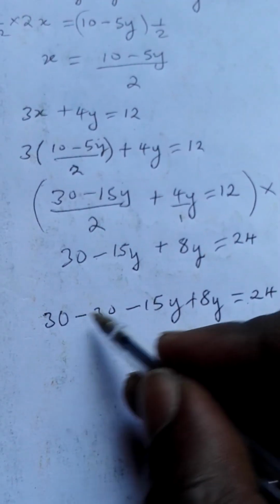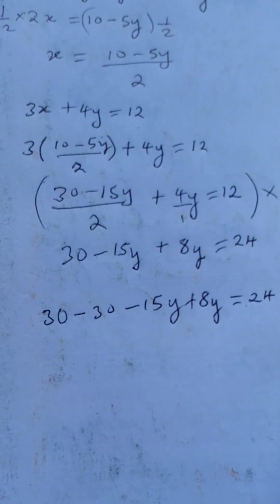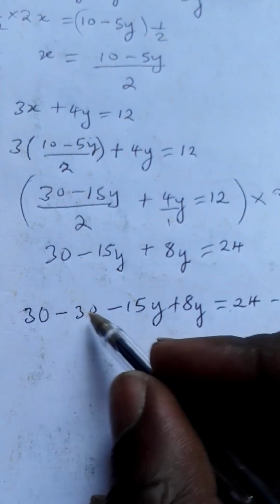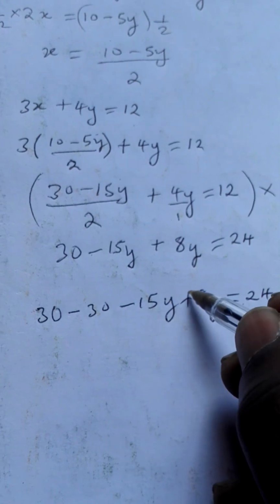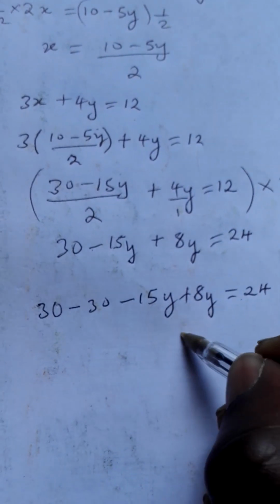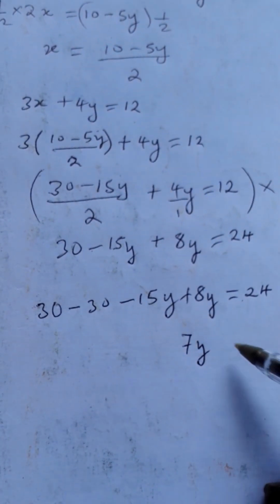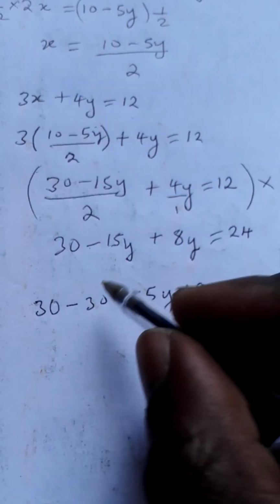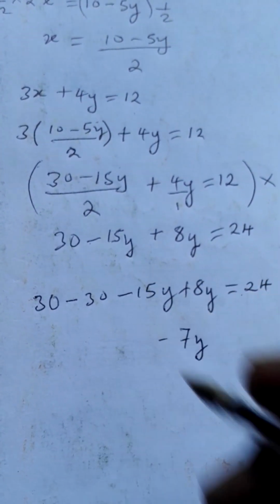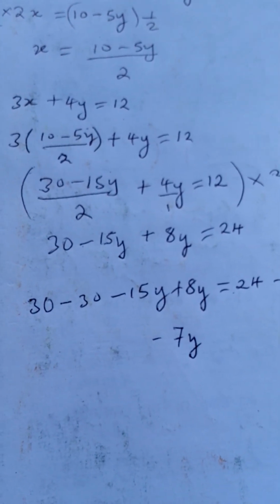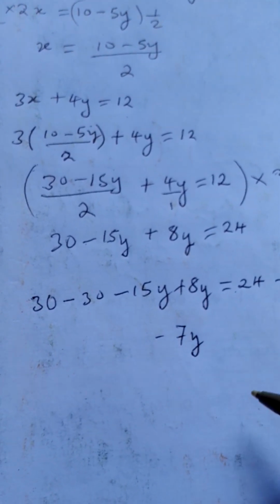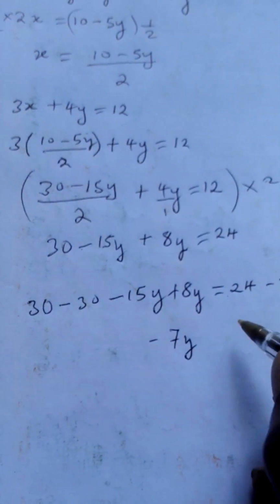Since we subtracted 30 on this side, we should also subtract 30 on this side, and this is going to be a 0, and then minus 15y plus 16y is going to give us y.